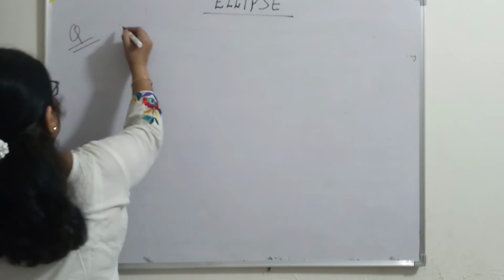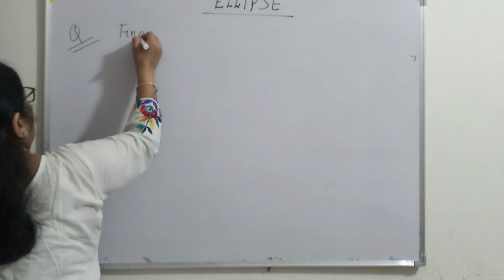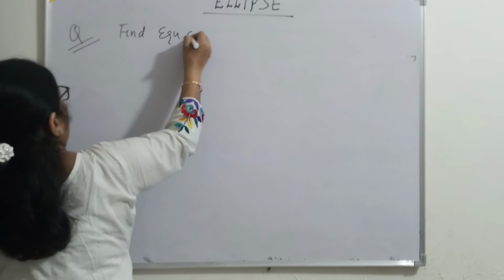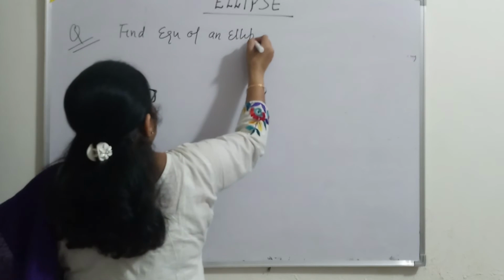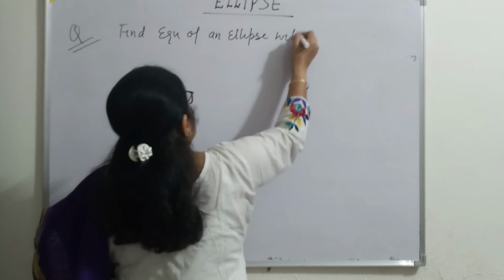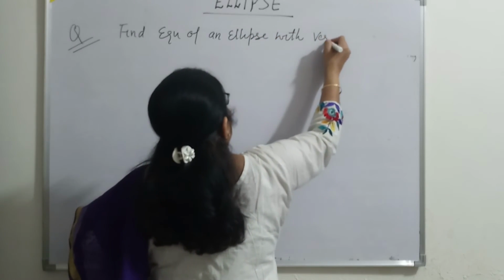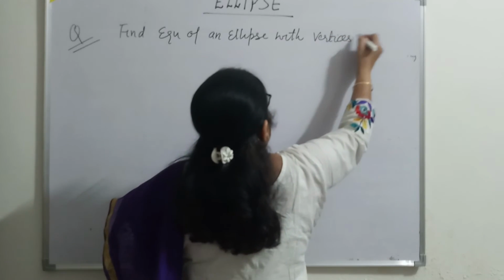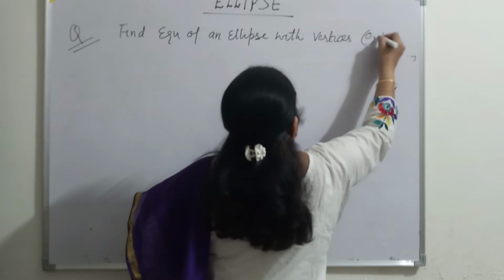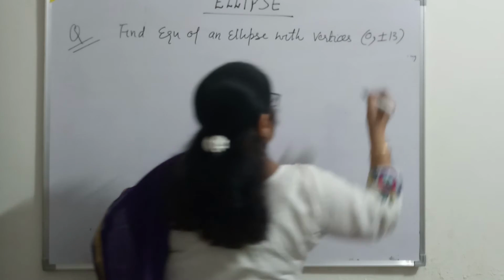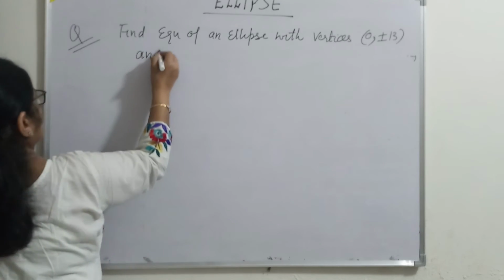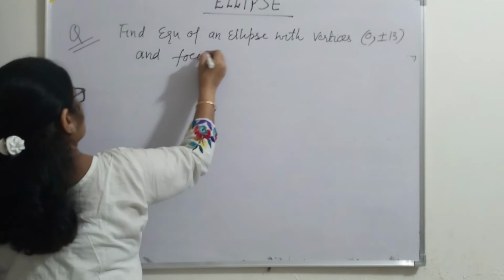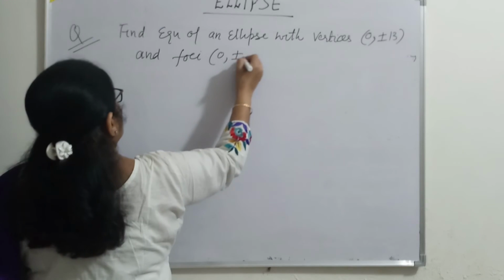Find the equation of an ellipse with vertices 0, plus minus 13 and foci 0, plus minus 5.